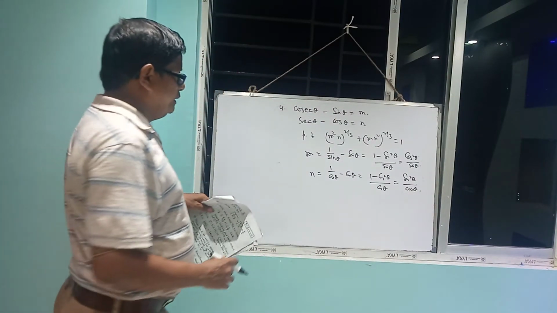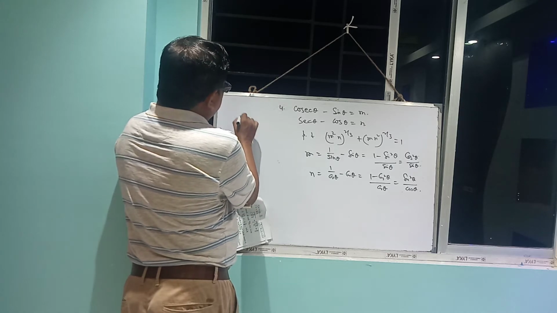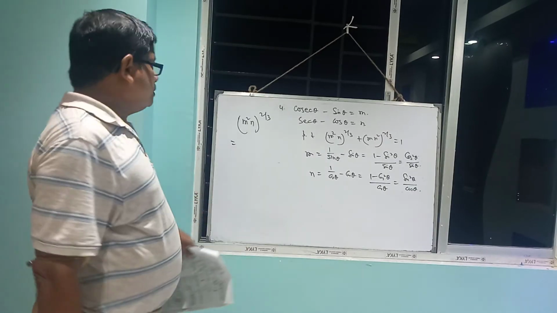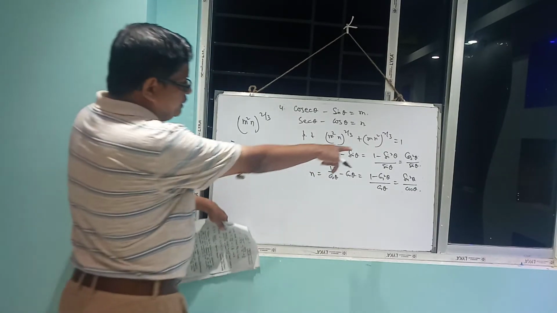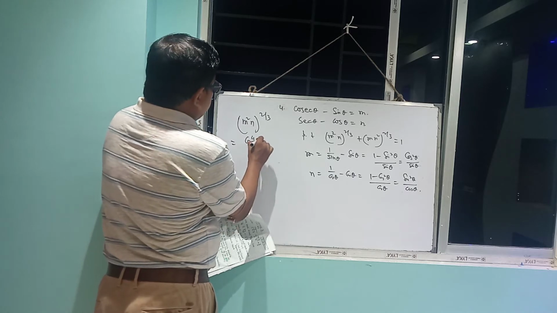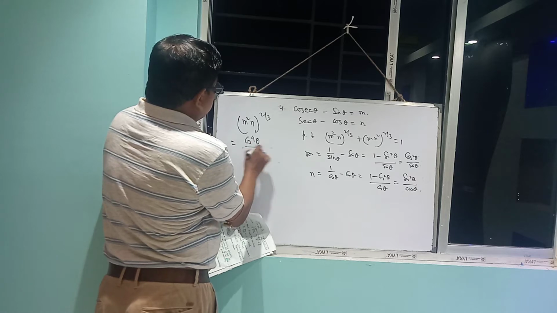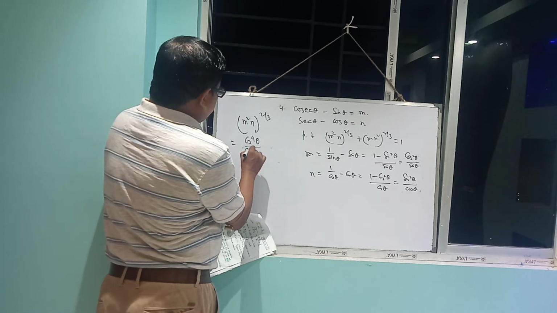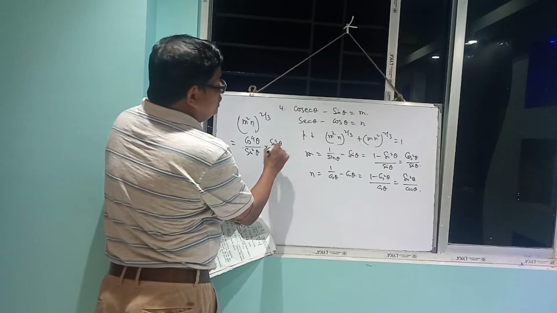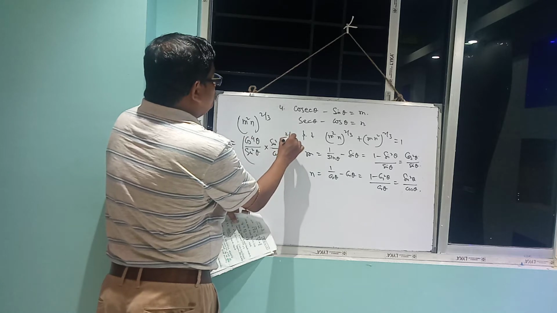Now write (m square n) whole 2/3. First find m square n. m square is cos to the power 4 theta by sin square theta, into n, which is sin square theta by cos theta, whole 2/3.